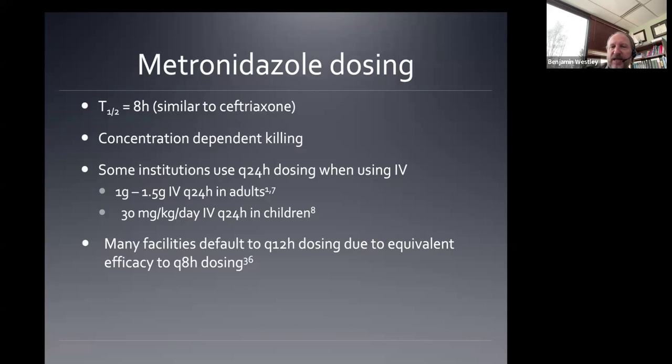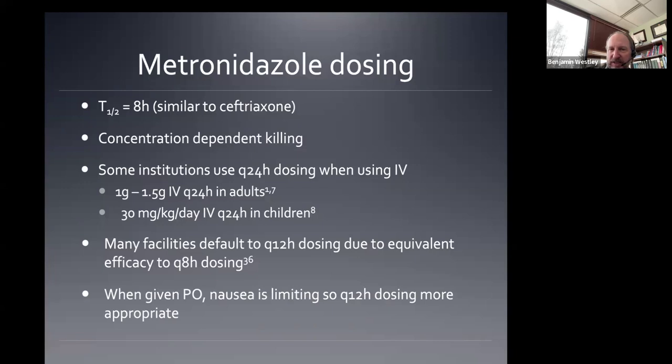And the limitation to giving every 24-hour oral dosing, like 1,000 once a day, is this does tend to be pretty nausea-inducing. A lot of patients have nausea with oral metronidazole, especially at the higher dose. So every 12-hour dosing orally seems to be well tolerated, and it reduces the amount of drug used by 50%, basically, or by, I guess, a third.